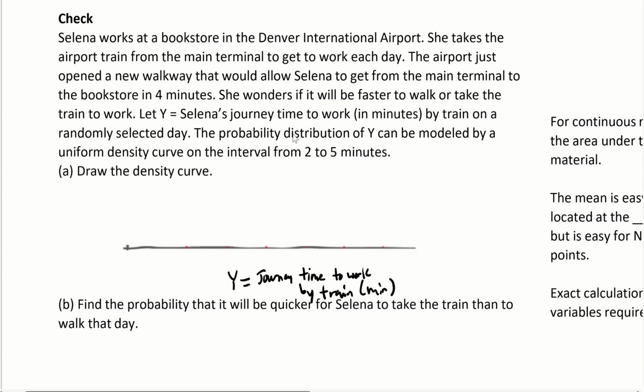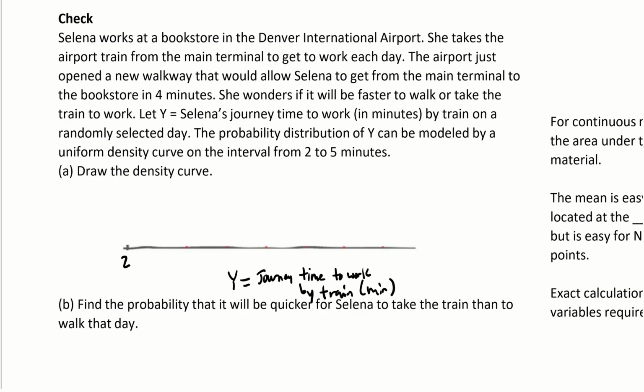On a randomly selected day, the probability distribution of y can be modeled by a uniform density curve on the interval from 2 to 5 minutes. So they actually give you that information. So let's do that. We'll start with 2 here, and we'll just spread it out. Actually, I don't want to spread out that far.